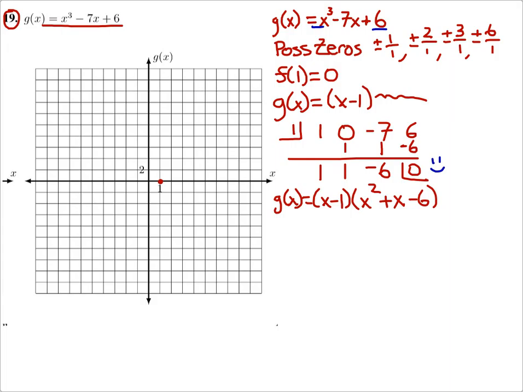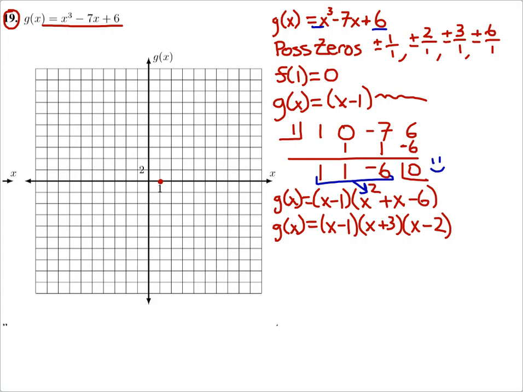Now, of course, before I go farther, those numbers came from the end of the synthetic division. Now, back to the wonderful news. It's wonderful news because that's really easy to factor, at least as far as anything could possibly be easy to factor, because that makes x plus 3 times x minus 2.